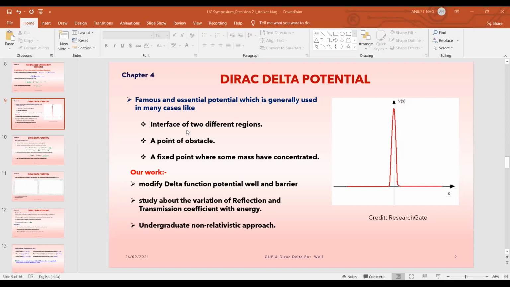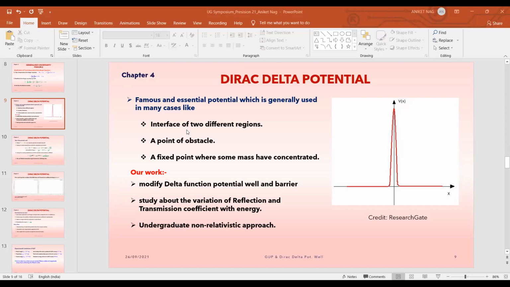The radius of the black hole is in Planck scale. So by this approach, we can also use the GUP term inside the black hole. So that is the answer to this question.